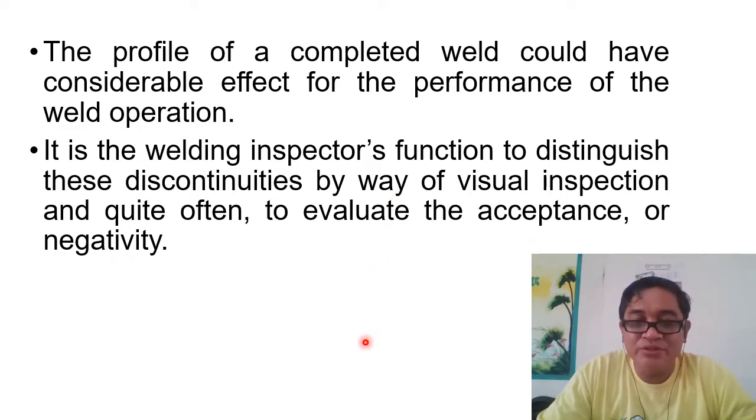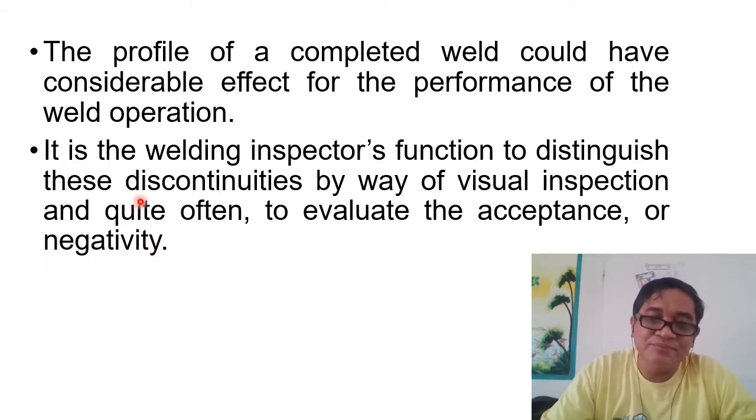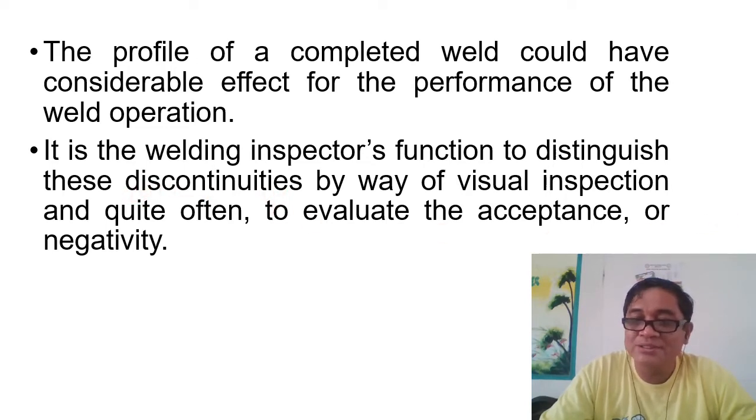So that's why you need to be acquainted with the profile. It is the welding inspector's function to distinguish these discontinuities by way of visual inspection and quite often to evaluate the acceptance or rejection. So the inspector will observe the discontinuities of the profiles.